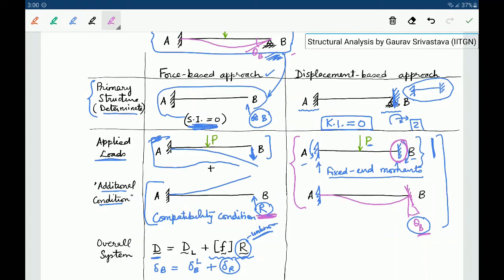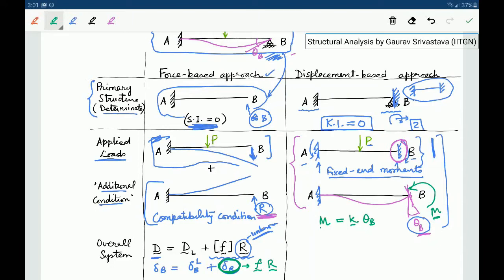And of course in applying this rotation theta B, there will be some moment which is also required, and this moment we can write in terms of the stiffness matrix times theta B. Just like here we were writing delta R. So delta R was the displacement in the primary structure due to the redundant force, and this delta R we were writing as the flexibility matrix times capital R, which was the unknown force.